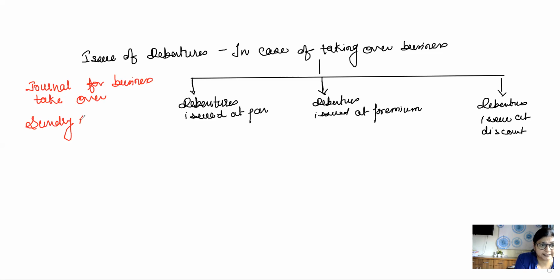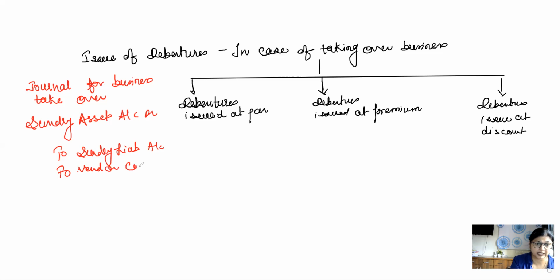Whatever sundry assets are there, all those assets will be debited in our books, and all the liabilities will be credited. And on the credit side, you will have vendor company also, the business which you have taken over. So you will write the name of company, vendor company, I am writing over here.